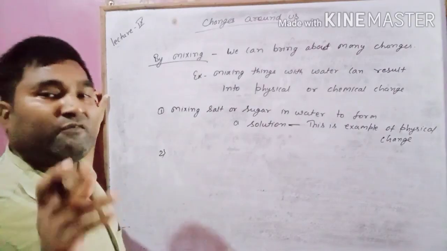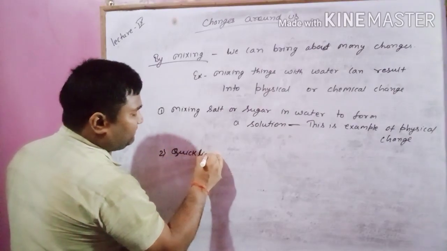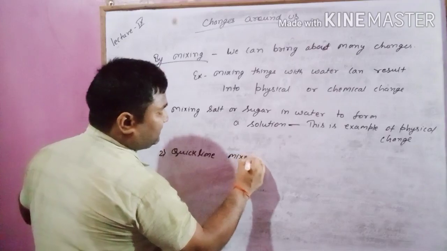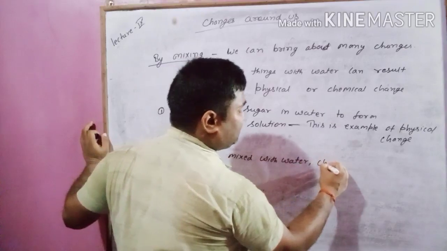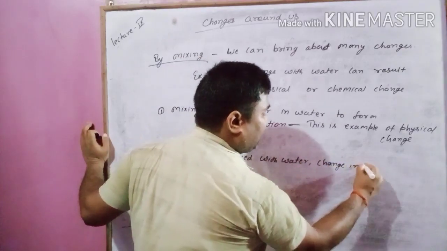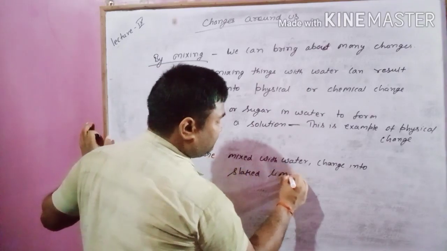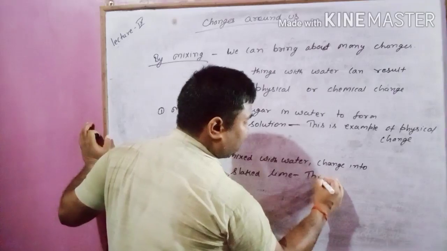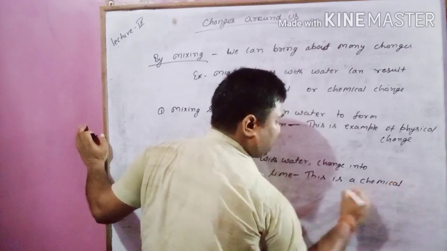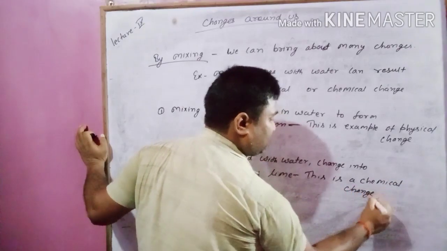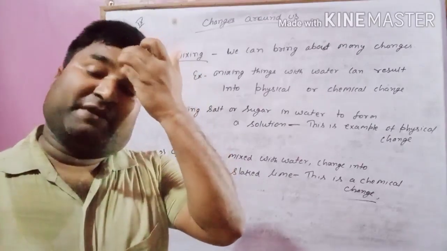That is an example of chemical change. So mixing two things can bring about physical or chemical change.